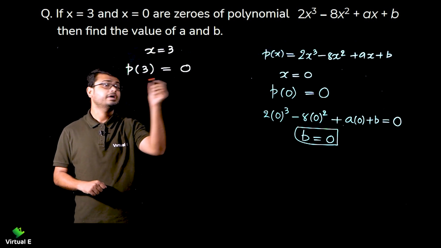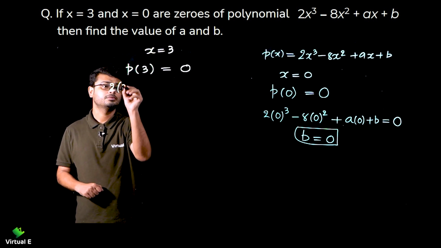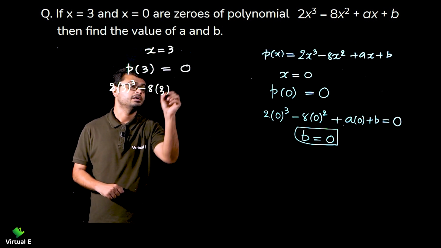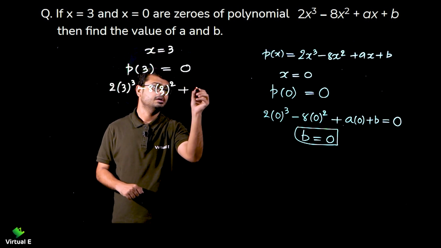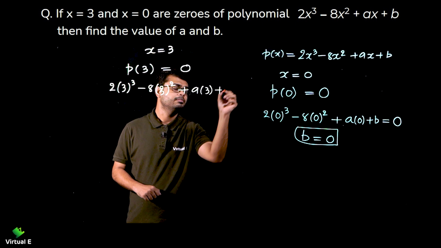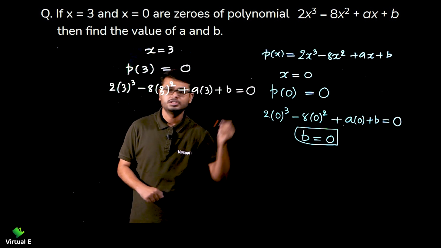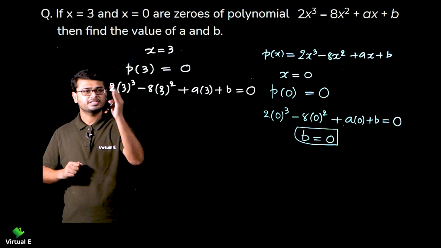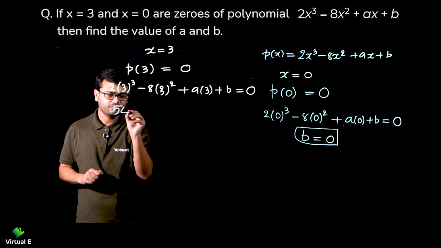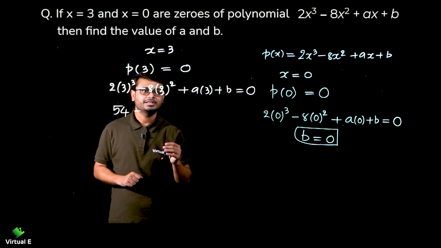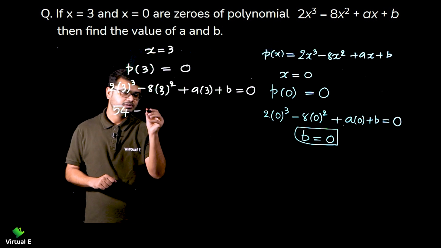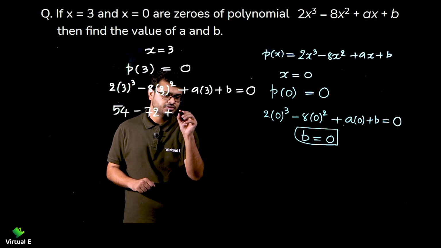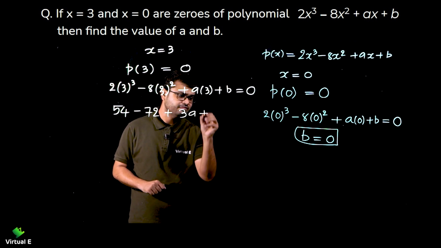So here 2x cubed: 2 into 3 cubed minus 8 into 3 squared plus a into 3 plus b is equal to 0. Now let's solve it. 3 cubed, that is 27. 27 twos is 54, minus 3 squared, that is 9. 9 into 8 will give you 72, plus here 3a, so we can write 3a plus the value of b.